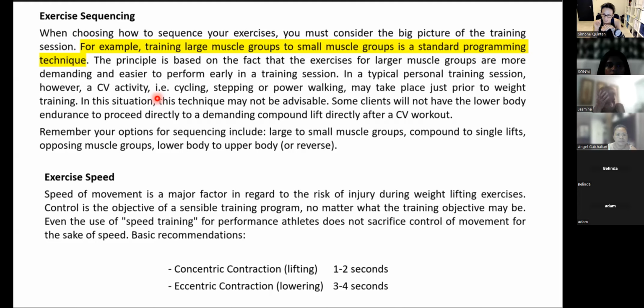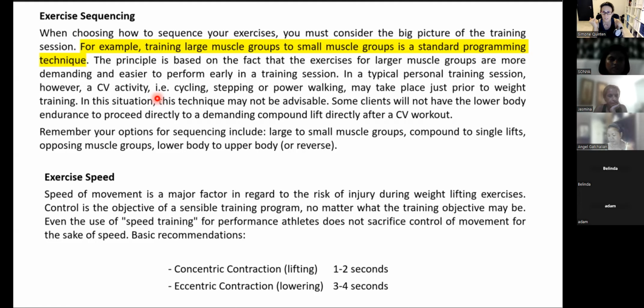Because cardiovascular training burns calories, that is what they think, and it's boring like hell, so let's just get it over and done with. And they're using a half hour on the treadmill as a warm-up for their training session, which is insane. There are even personal trainers asking clients to go on a treadmill for 10 minutes, half an hour, or 15 minutes before their session.